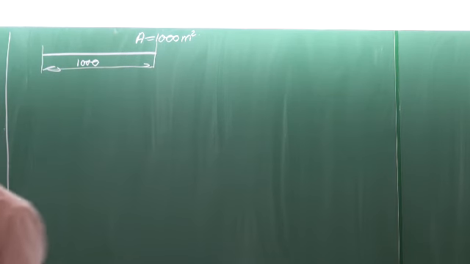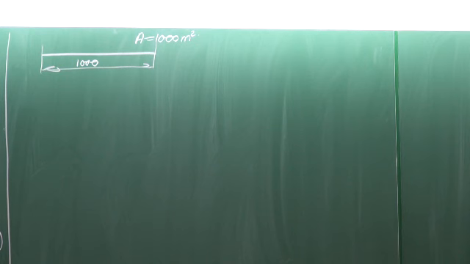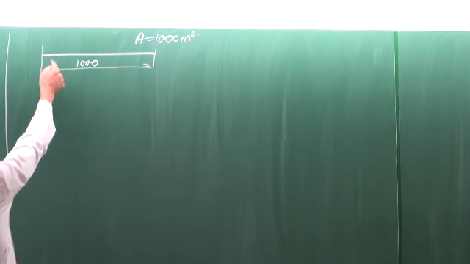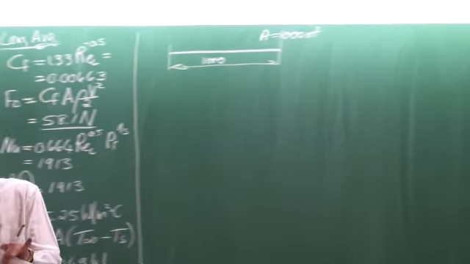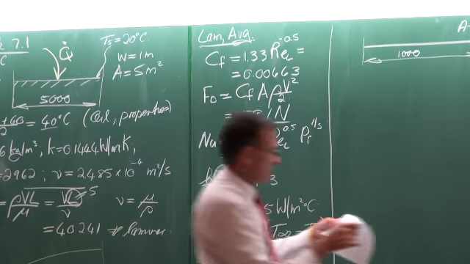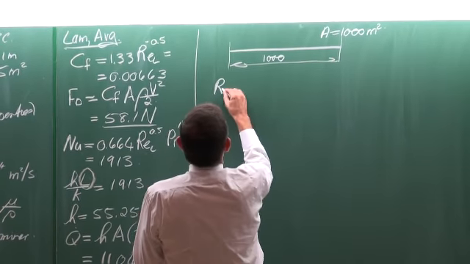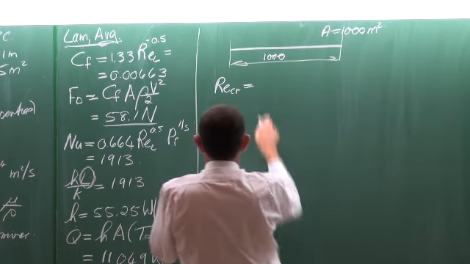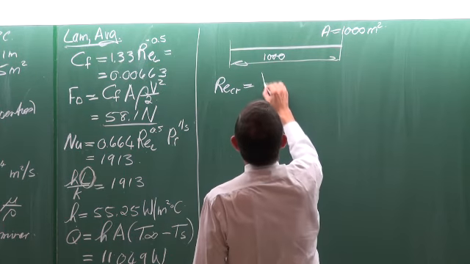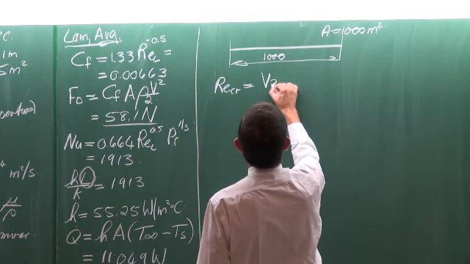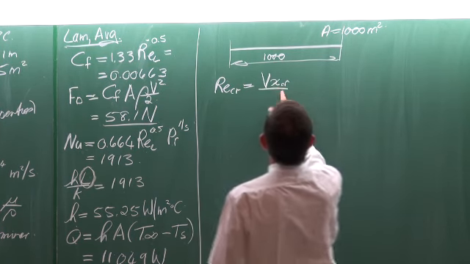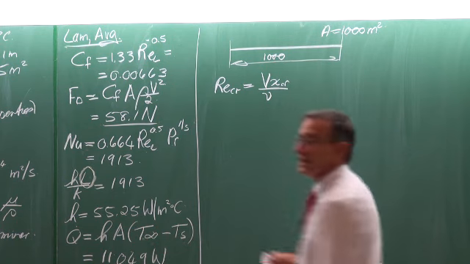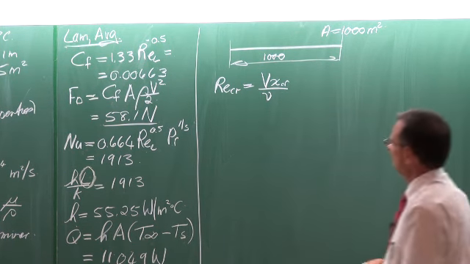Critical length. Yeah. What is the critical length? Because if we know that, then we know where the flow would change from laminar to turbulent. So let's calculate that. So the critical Reynolds number would be equal to the velocity multiplied by, let's call it x critical, divided by the kinematic viscosity.